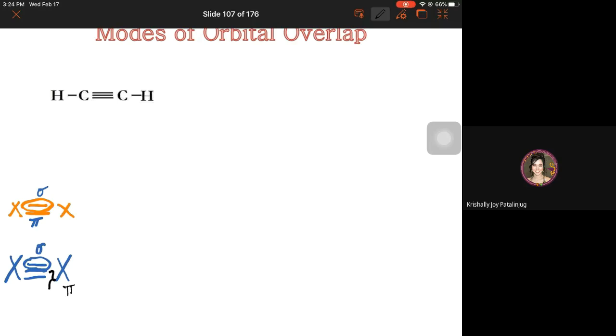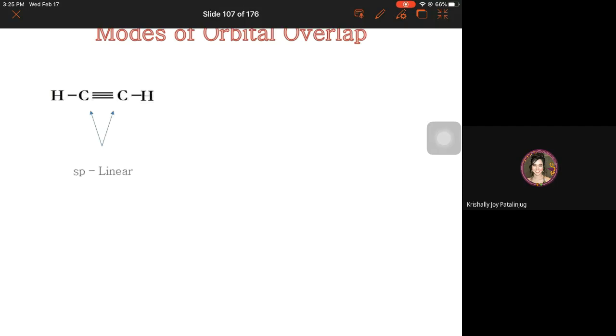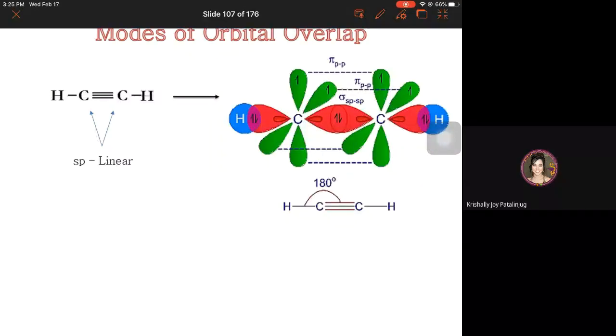Alright? So again, let's try to observe the side-by-side overlapping naman ng p orbitals in the molecule of acetylene. Okay? So for this molecule, each carbon is in linear shape.